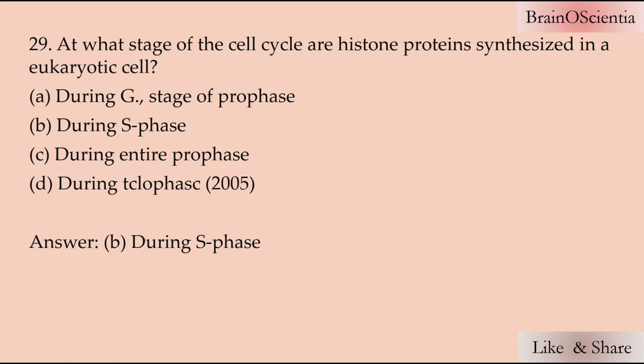During G1 phase, during S phase, during prophase, during telophase. The answer is during S phase. During S phase, new histone proteins are required because in S phase, new DNA molecules are formed. Just after the replication, the DNA is wrapped around the protein, and this happens in S phase of the cell cycle.